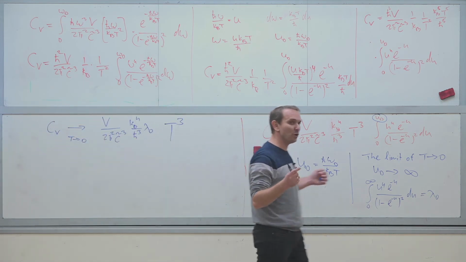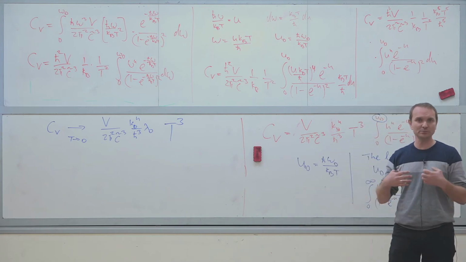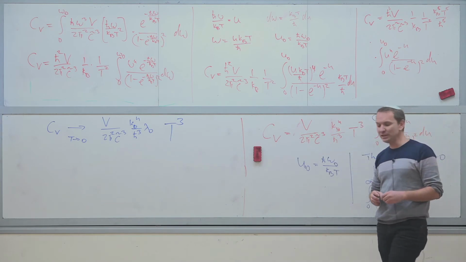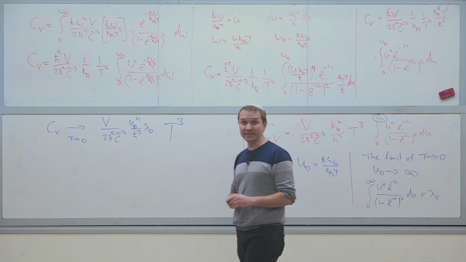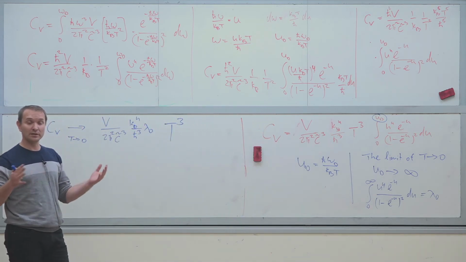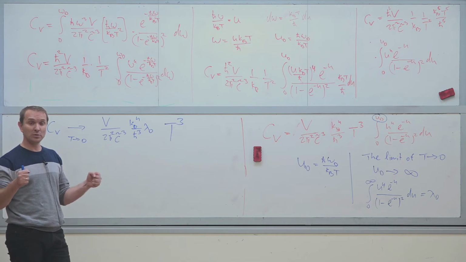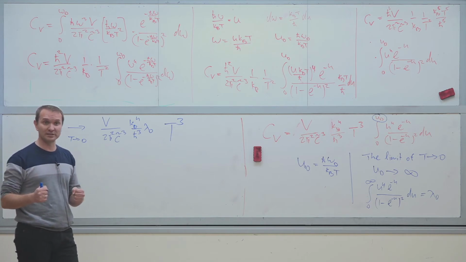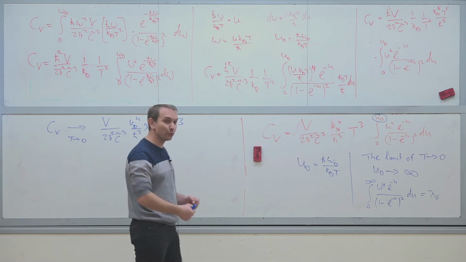Why is it so different from what we obtained in the Einstein model? In the Einstein model, we had 3N oscillators that were independent of each other, and even for small temperatures we needed to freeze up all those oscillators. This is why the CV grew fast.